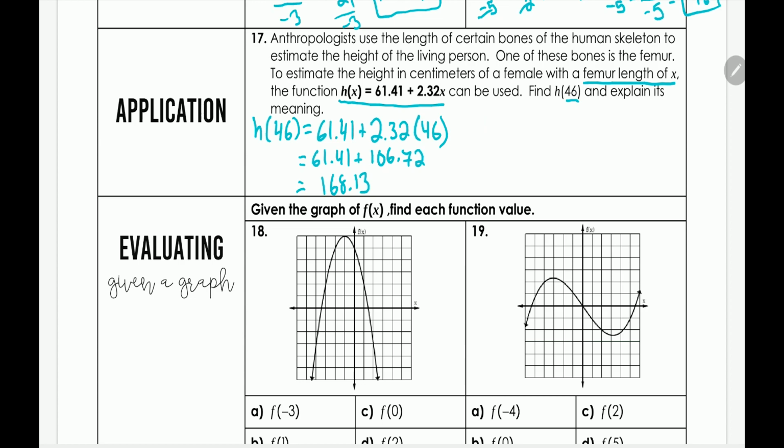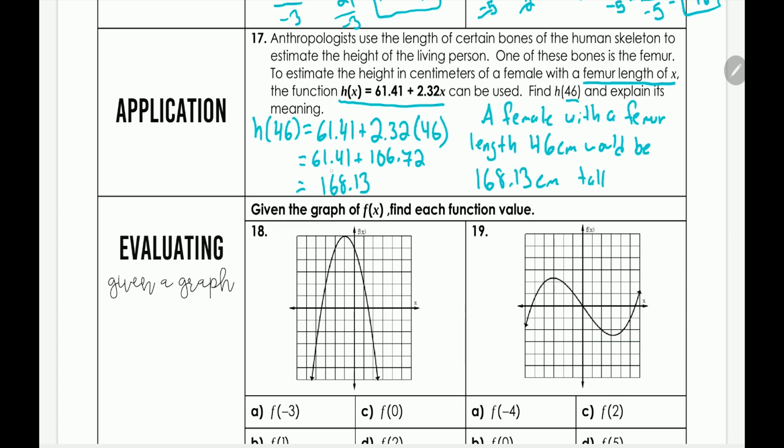So we can say that a female with a femur length of 46 centimeters would be 168.13 centimeters tall, because this function is what determines the height given the length of the femur. So a female with a femur length of 46 centimeters would be 168.13 centimeters tall. Okay?